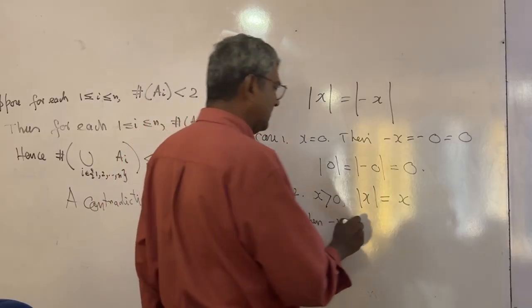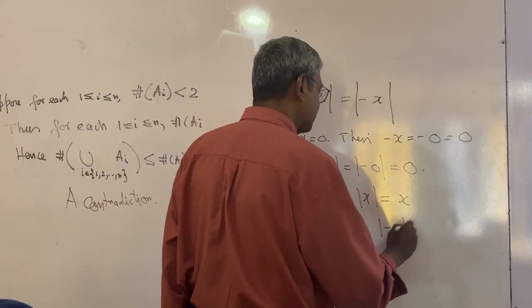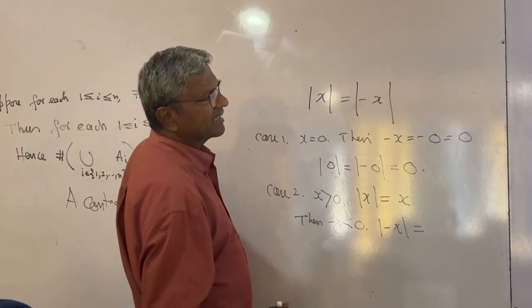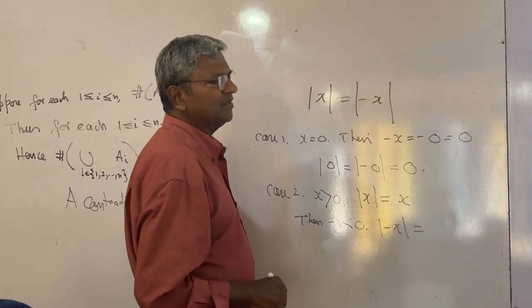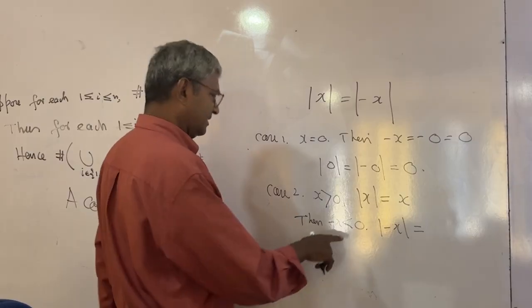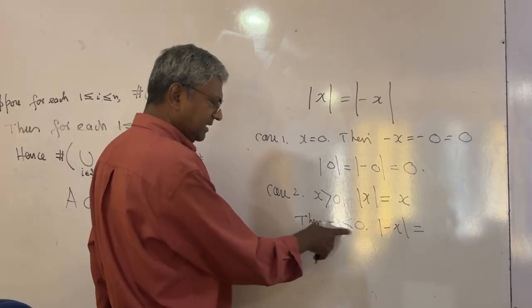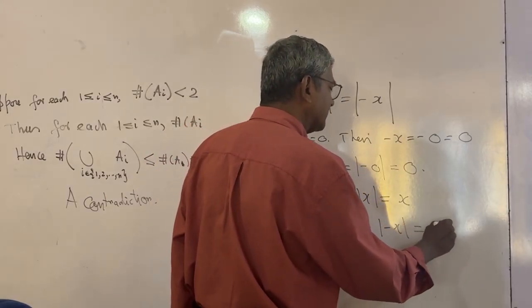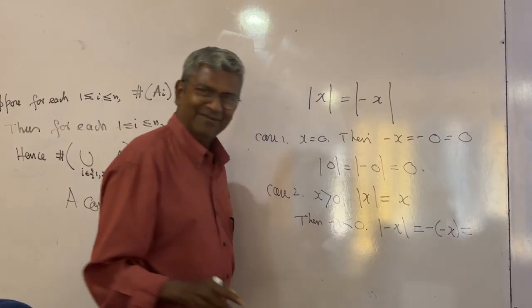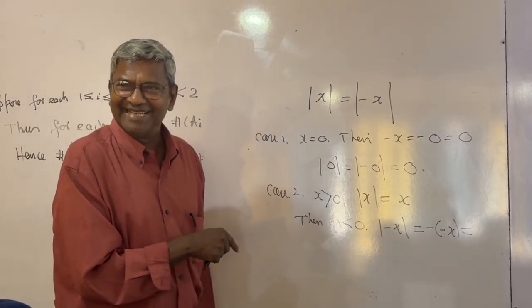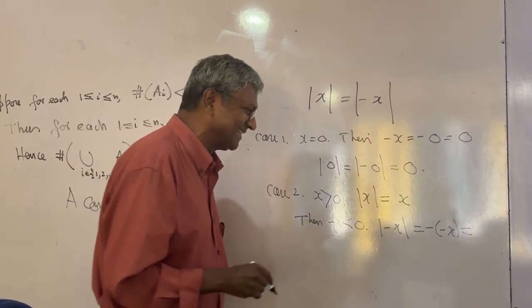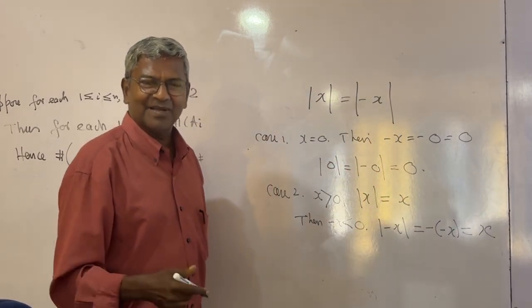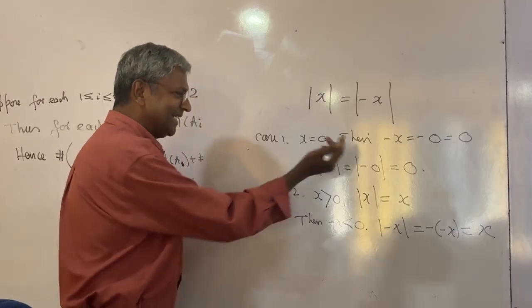Therefore the absolute value of negative x, according to the definition, since this number is negative, is negative of negative x, which is x. For us, after chapter 6, assume that negative of negative x is x.